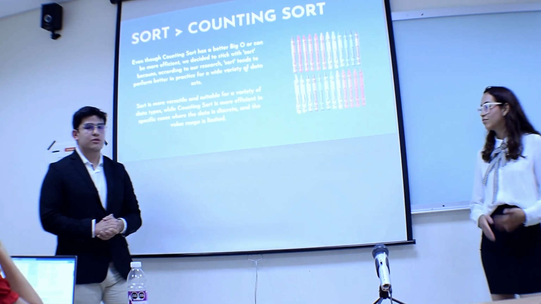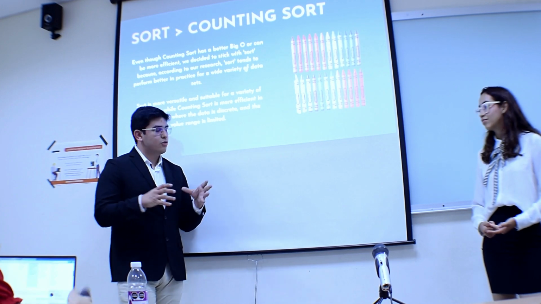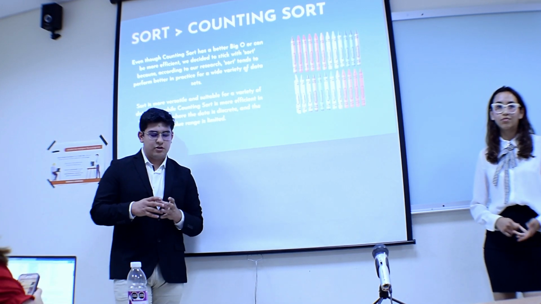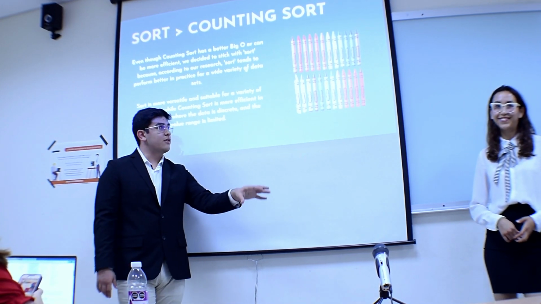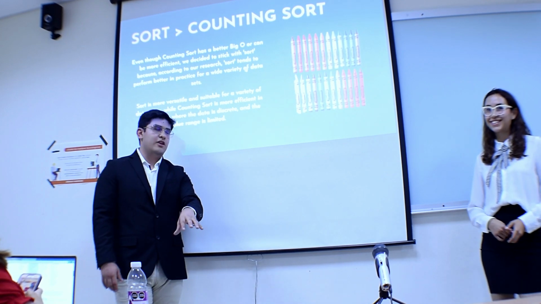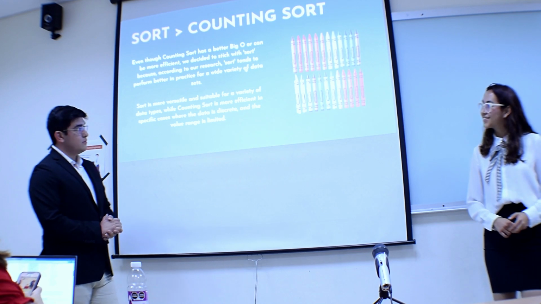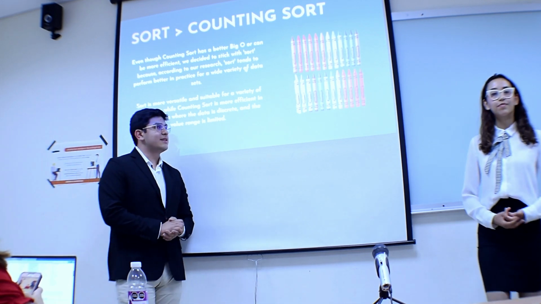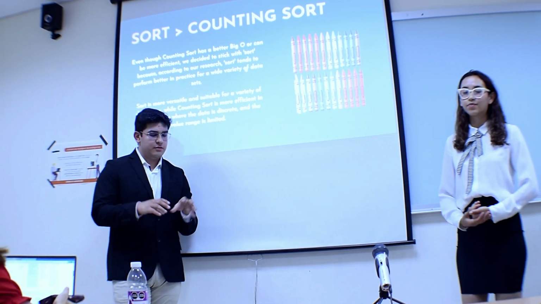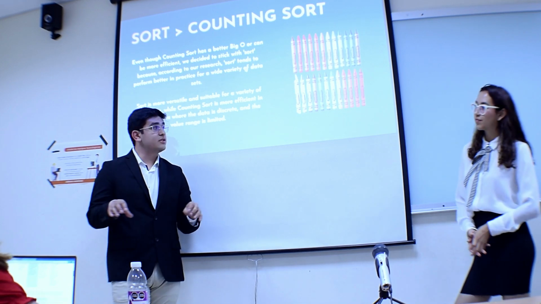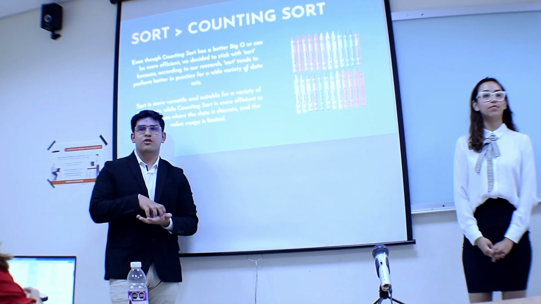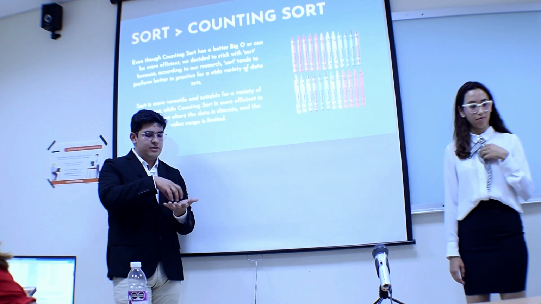So what counting sort does is that it groups each color. So you have the n number of red crayons, n number of blue crayons, and the other colors. It has all the groups of colors, and then inside of each group, it sorts.